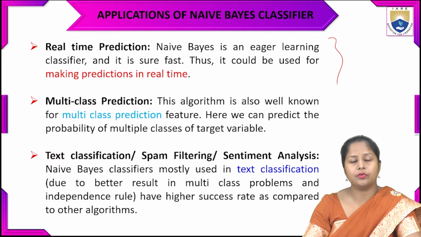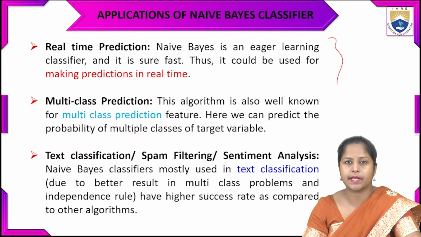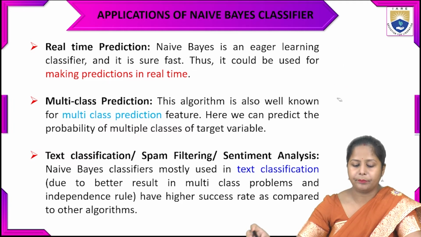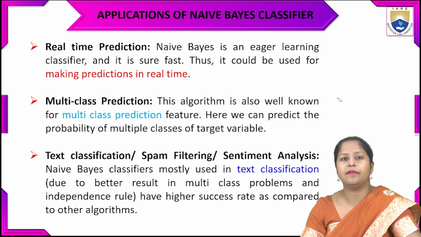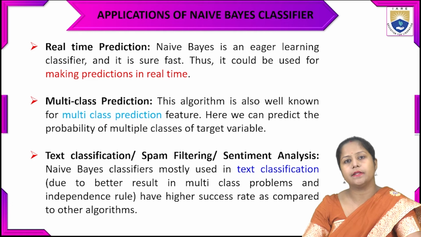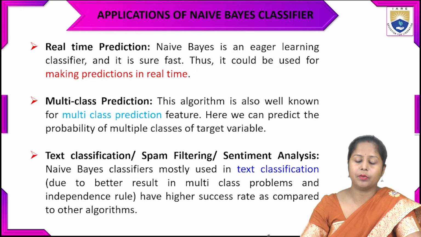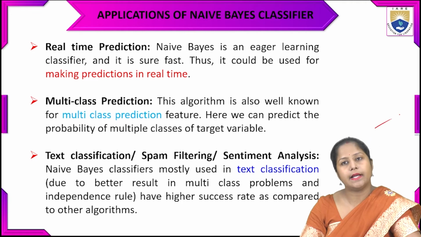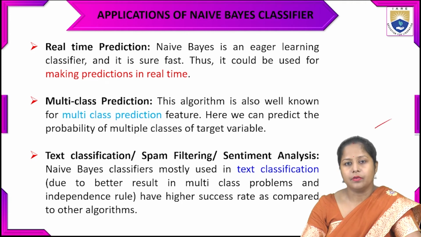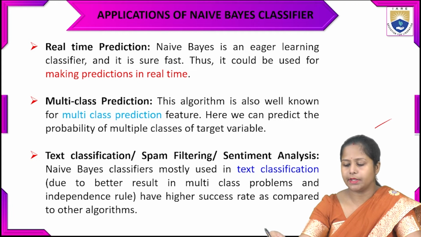Thus it can be used for making predictions in real time. Multi-class prediction: if you are having a multi-class problem, this algorithm is also known for its multi-class prediction feature. On that basis, we can predict the probability of a multiple class target variable. So for that we can use the naive Bayes classifier.